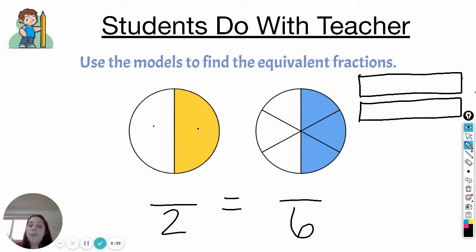So if you're getting out your fraction strips, you'll need the one that's broken into 2 equal pieces, and you'll need the one that's broken into 6 equal pieces. I'm going to give you a moment to get those out if you want them out.